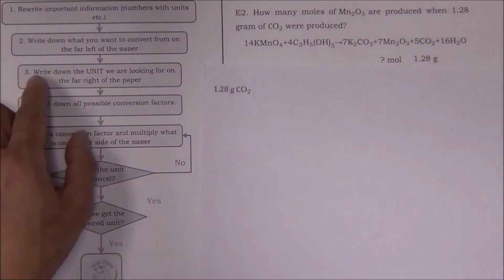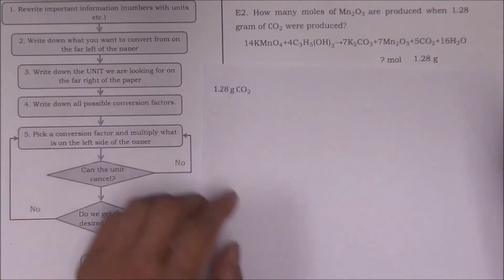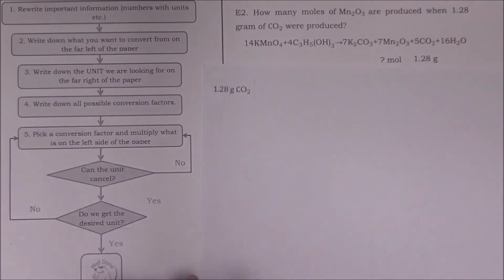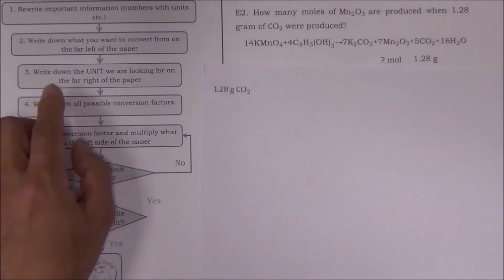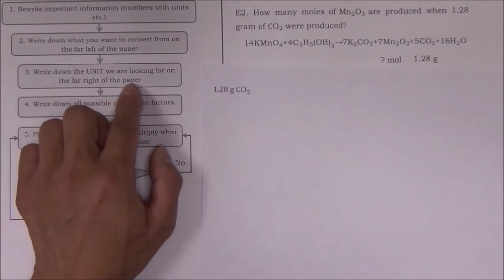Step 3. Put down the unit we are looking for on the far right of the paper. We are looking for the mole Mn2O3. According to the instruction in the flowchart, we need to put down mole Mn2O3 on the far right of the paper.